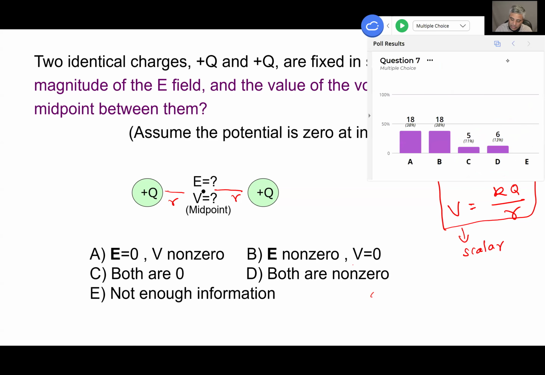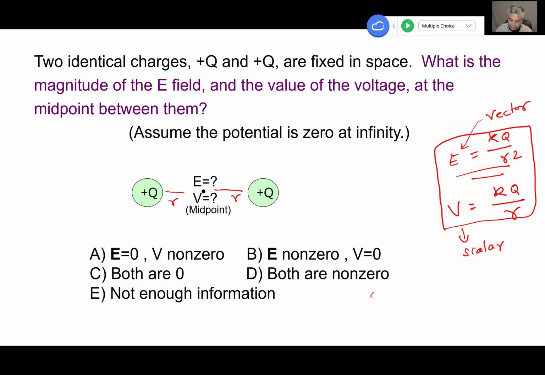Okay, let's see what we got. So we have A and B competing, and there is also C and D. Okay. So field is a vector quantity. So here, when we find field at a point, we assume there is some tiny positive charge.